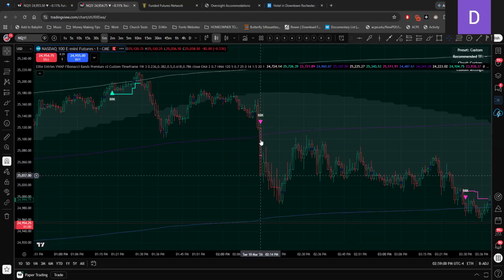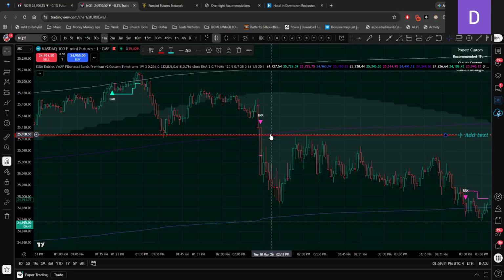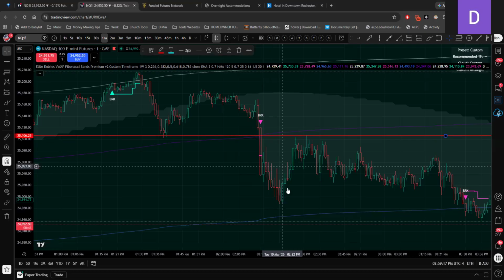All right. So you're going to put your entry right here and look what happens. If you put your entry right here at the break, the sell limit order, price comes down, retraces back up at the break. You get filled right here.